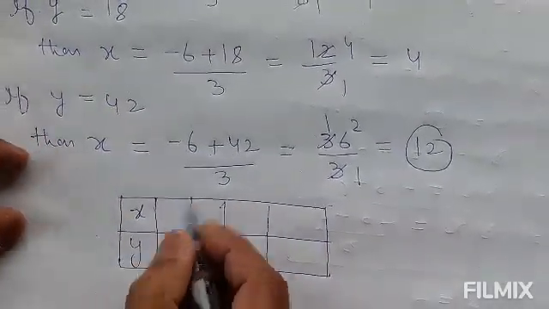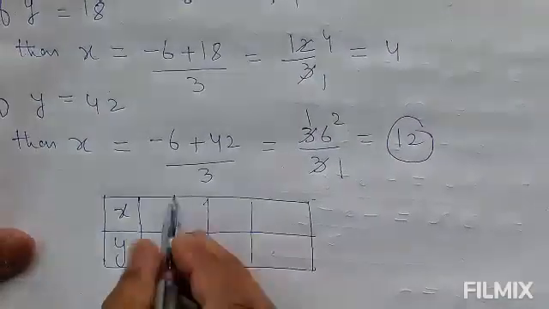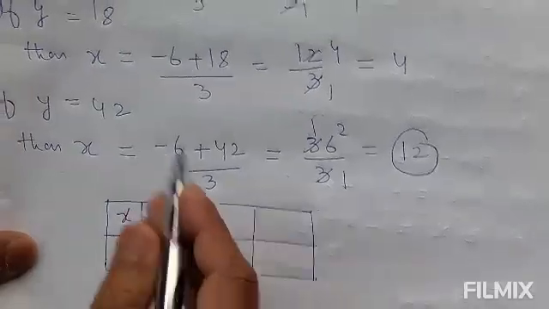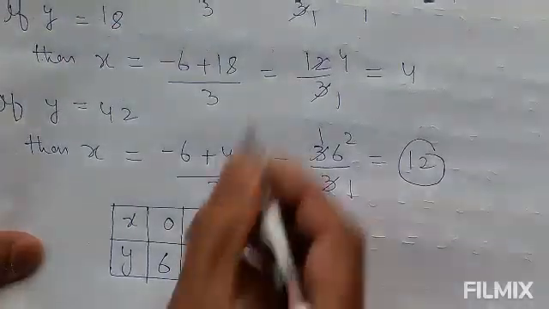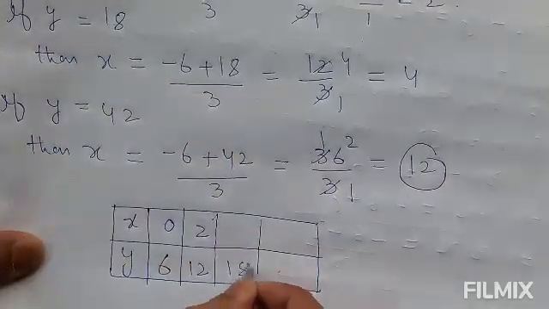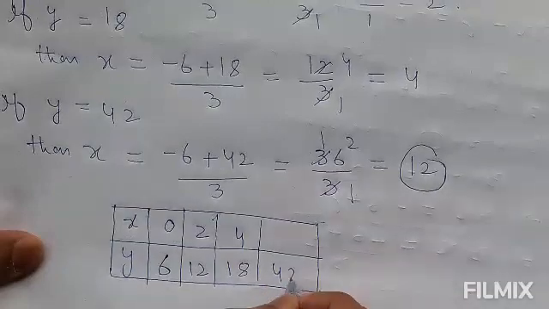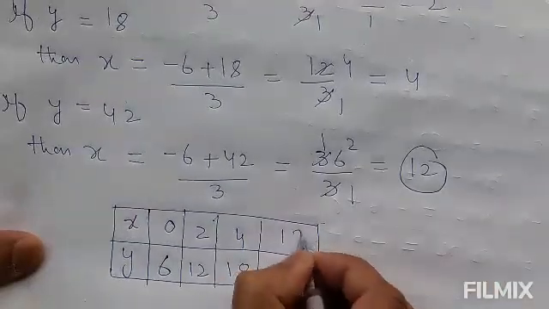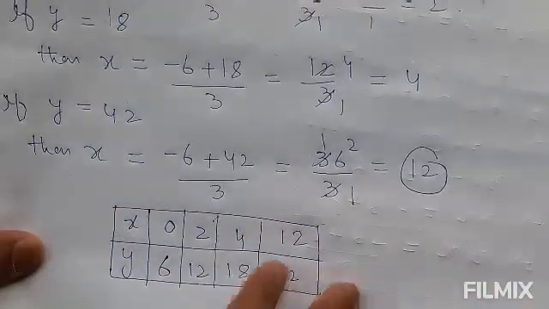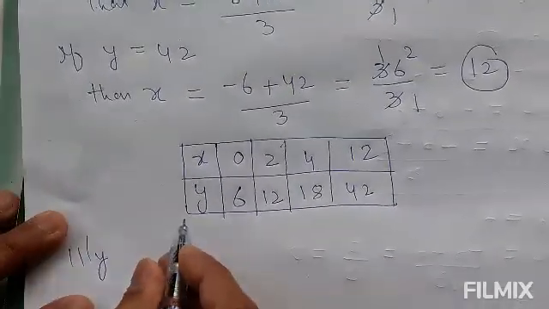When the value of y was 6, x was 0. Later on y was 12 and x is 2. y is 18 and x is 4. y is 42 and this is 12.